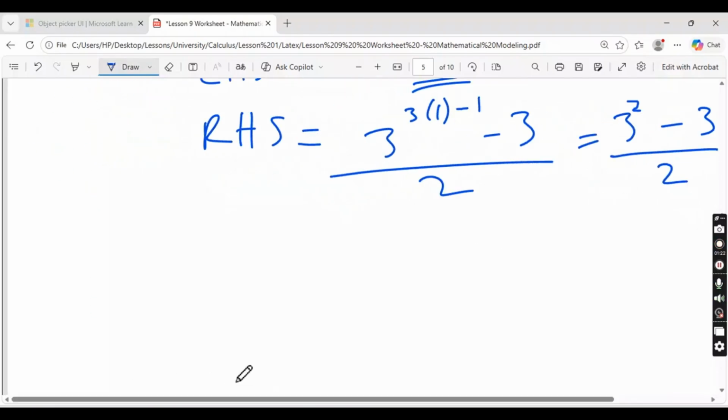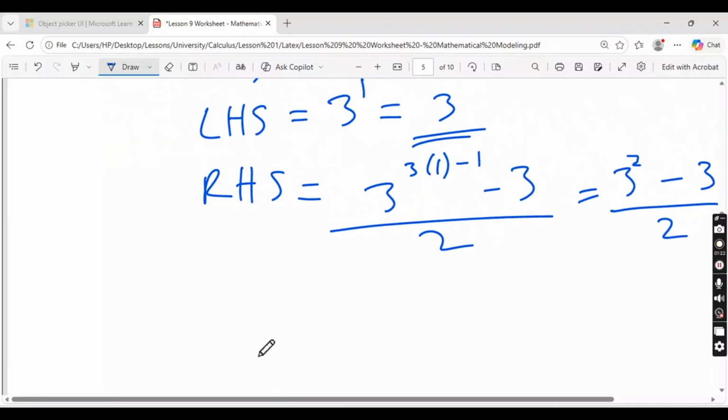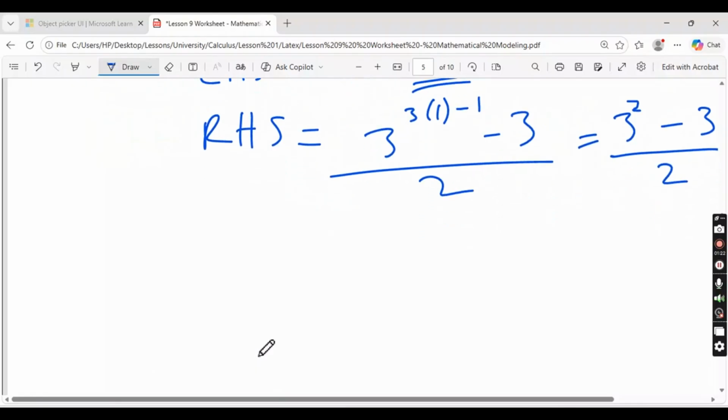What do we do next? We then prove where n equals k.